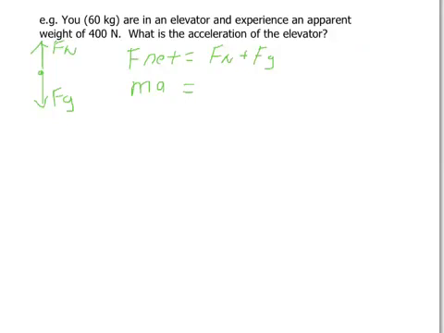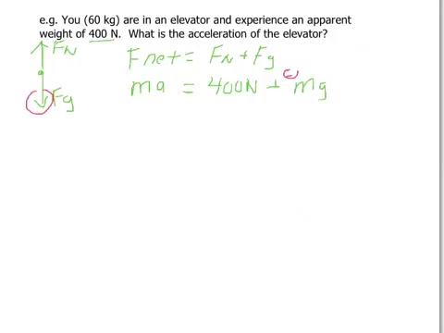The normal force, it says we're experiencing 400 newtons, plus the force of gravity we can substitute with mg, but again it's negative mg because the force of gravity is acting down.